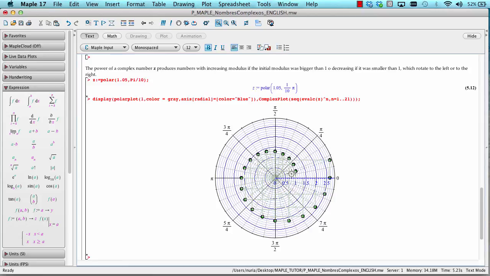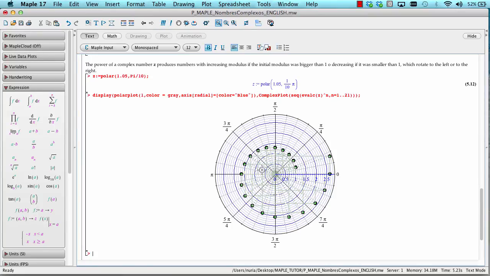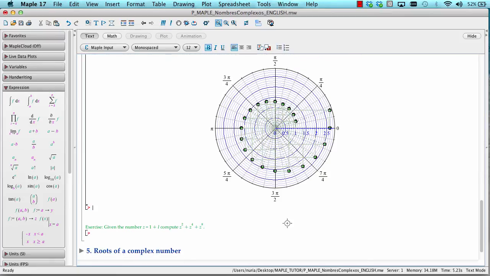Why? Because we have the initial angle, twice the initial angle, 3 times the initial angle, 4 times, 5 times, 6 times. So to go from one power to the other, you always add the initial argument. So the arguments are always equidistant, and the modulus is increasing if the initial modulus is greater than 1.